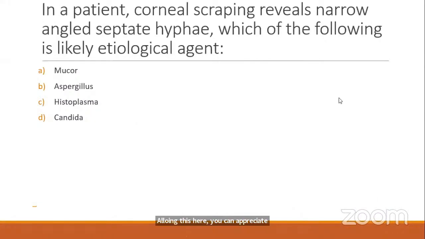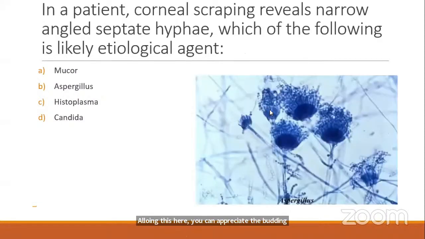Okay. So in a patient with corneal scraping, we revealed narrow-angled septate hyphae with this classical appearance. Which is this particular fungus? This was an AIIMS question. Yes, it is caused by Aspergillus. This is a typical Aspergillus fumigatus.